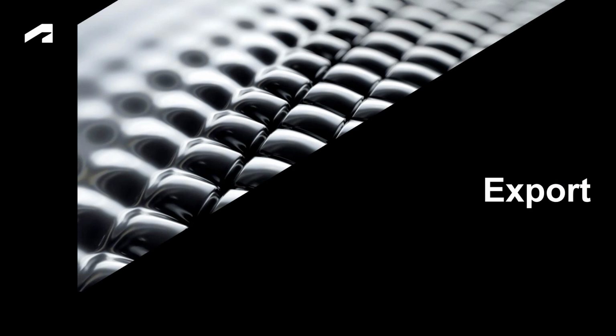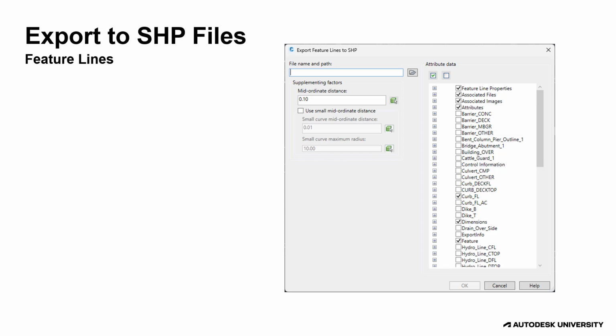And then we may have the need to export it out, right? Because if we want to go back to Trimble Business Center or go to ArcGIS and bring that data in, we'd want a way to export it out if we've modified any of the data. To do that, you do it based on feature lines or Kogo points. Here, if you have a vertical curve or horizontal curve, we may want to use supplementing factors and enter in the mid-ordinate distance to convert those curves into tessellations because a shapefile doesn't support curves.